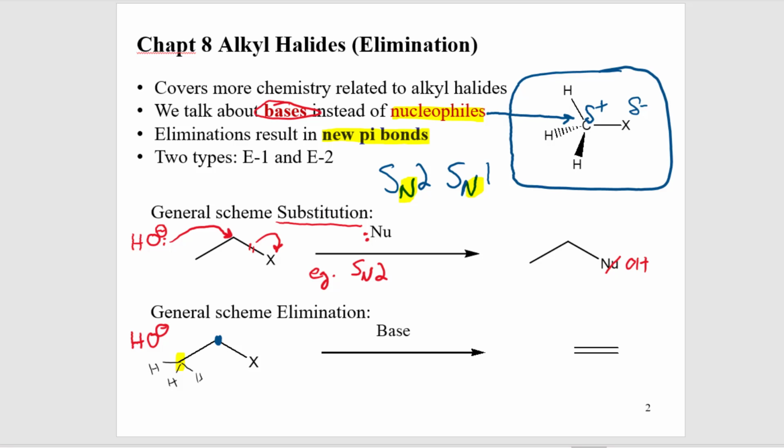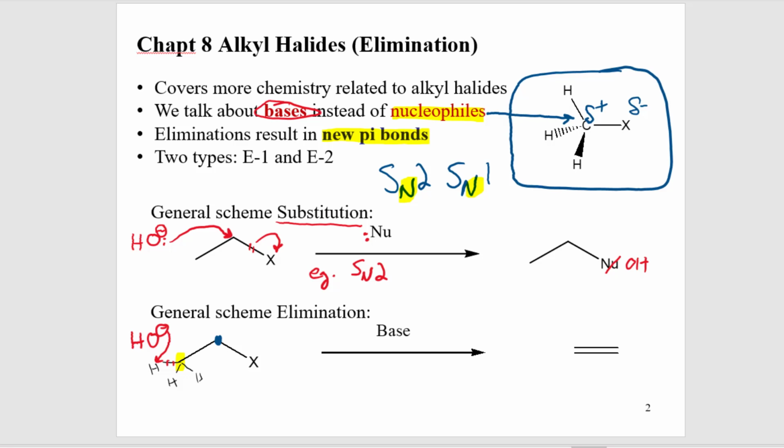Our base, again, it could look like the same species, you've got to determine this, is going to go after a hydrogen next door. So acid-base chemistry. Specifically at the carbon next door to the leaving group. So you're going to remove a hydrogen on the carbon next door.